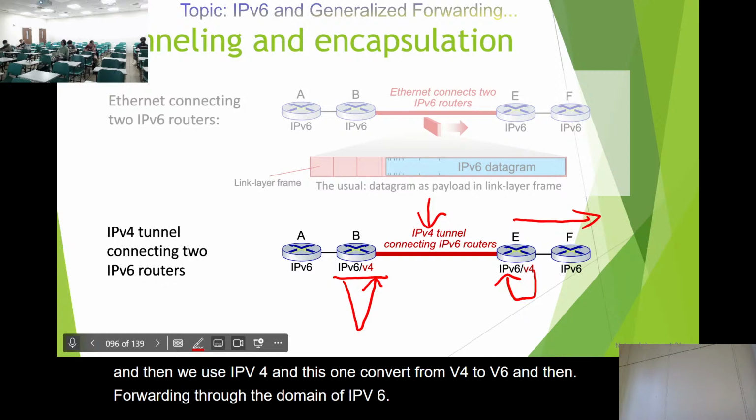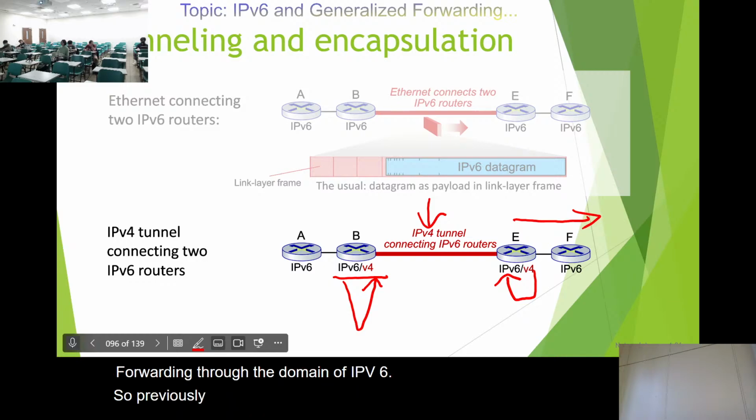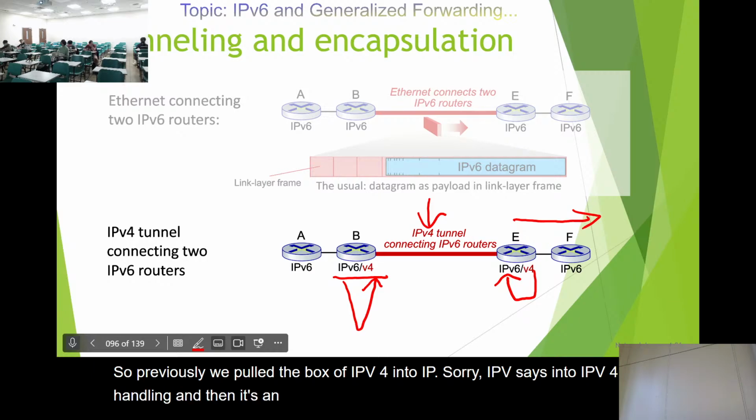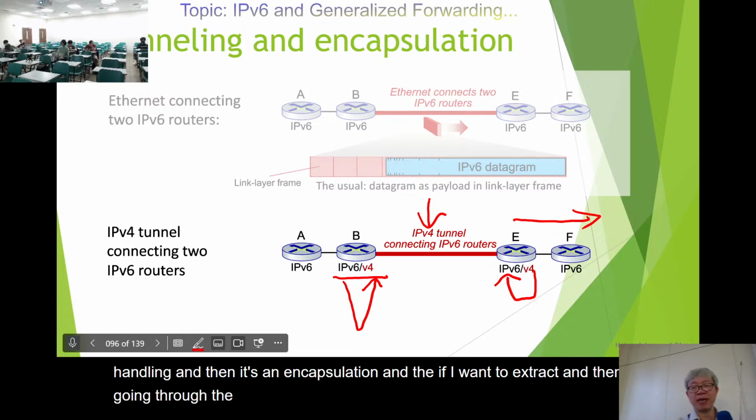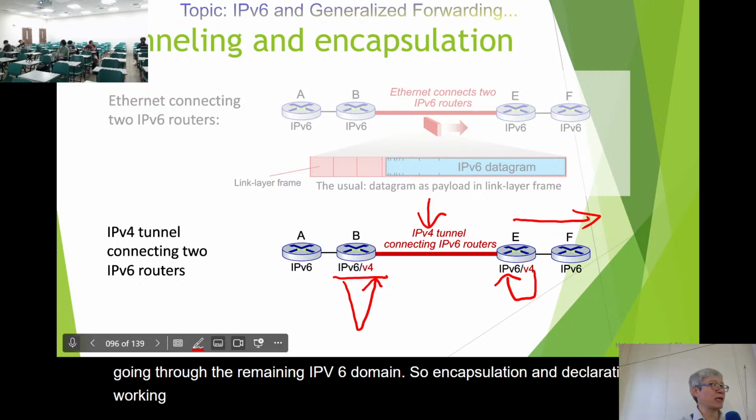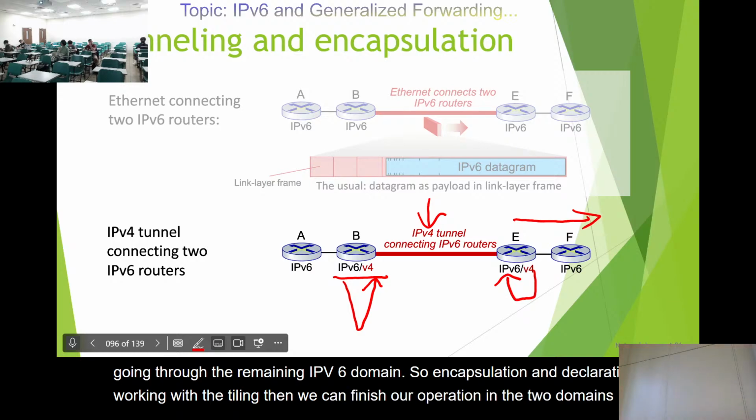So previously we put the box of IPv6 into IPv4. It's tunneling, and then it's the encapsulation. And in fact, we want to extract and then go through the remaining IPv6 domain. So encapsulation and decapsulation, working with tunneling, then we can finish the operation in the two domains, IPv6 and IPv4.